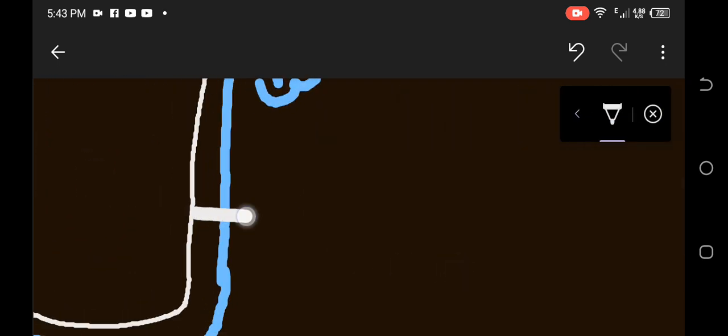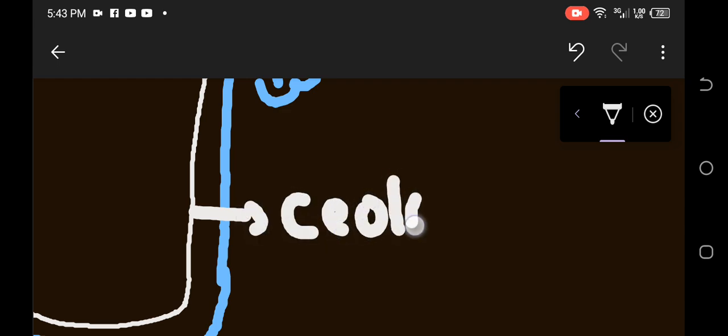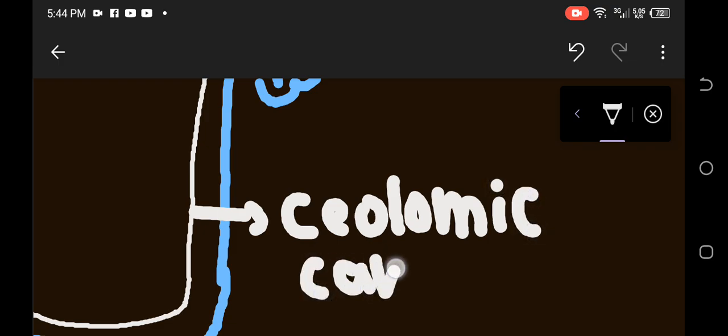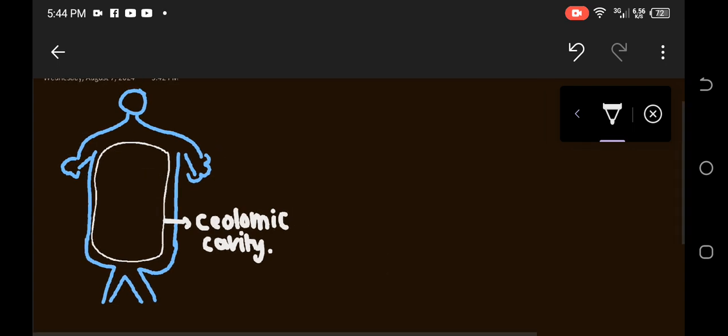Now this is one cavity which is named the coelomic cavity. Write it here. This cavity is known as the coelomic cavity.